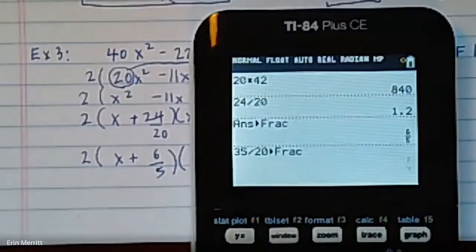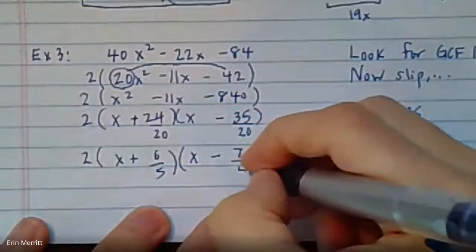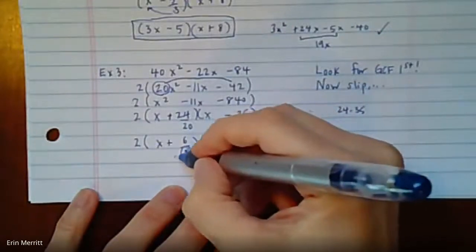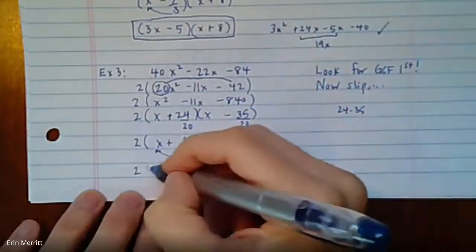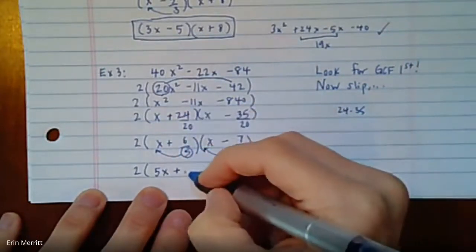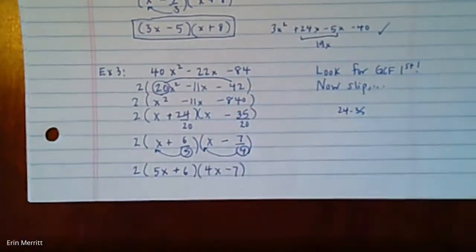And then math frac it, 7/4. Okay, now you can slide those back up front. So 2 and then times 5x plus 6 and then 4x minus 7.